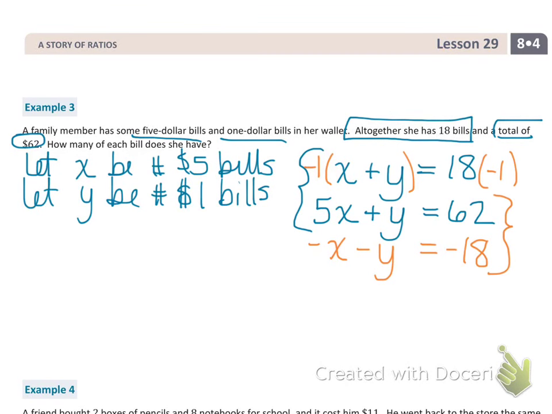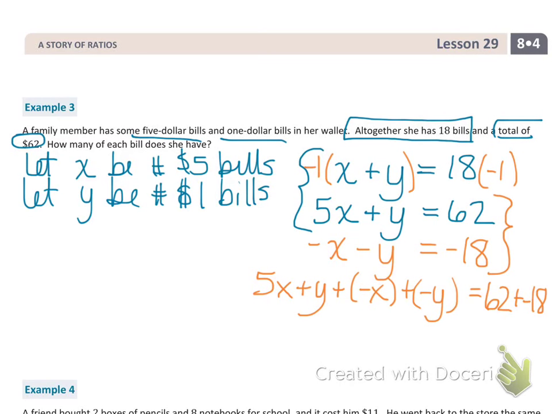Okay, and so that gives me a new system, these two equations right here. So now I'm going to add the left-hand sides, and I'll get 5x plus y plus -x plus -y is equal to 62 plus -18.